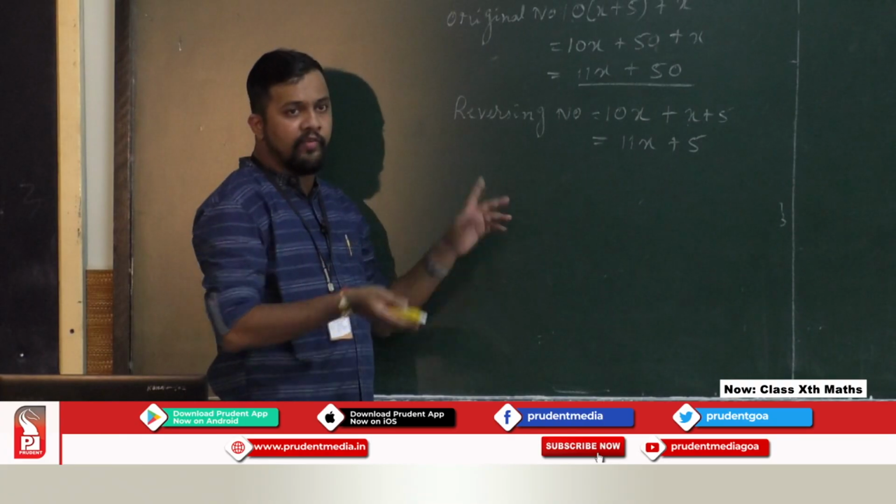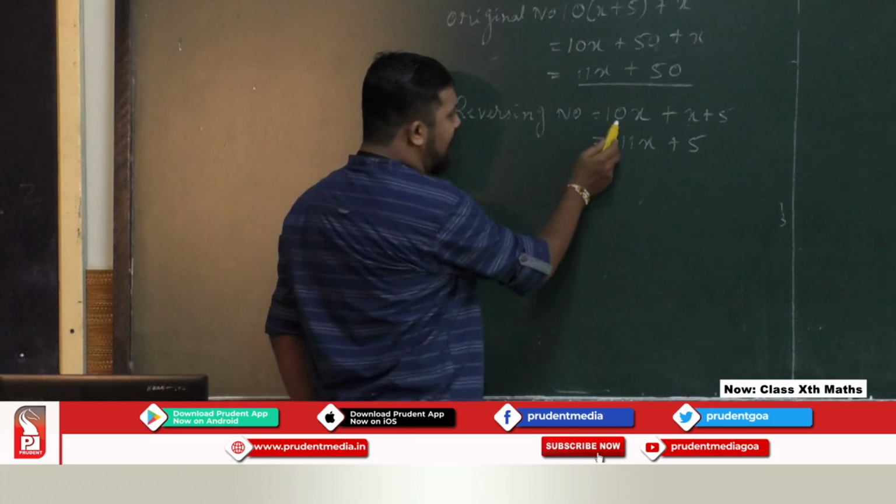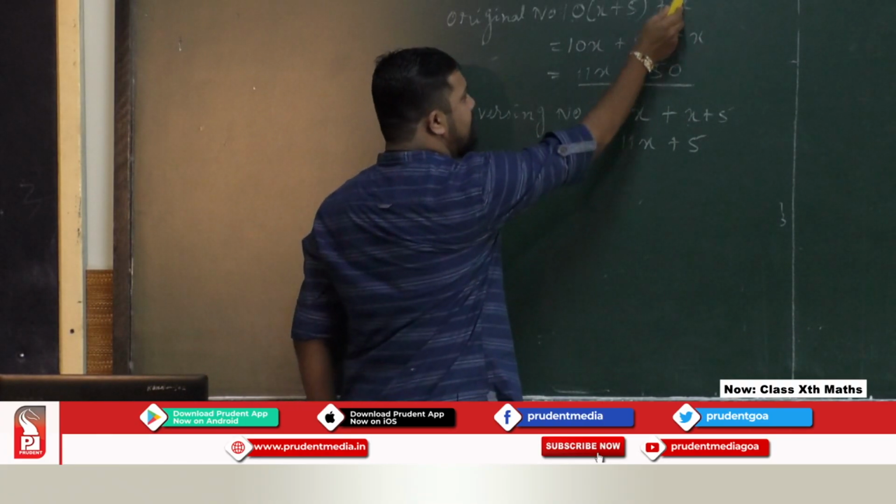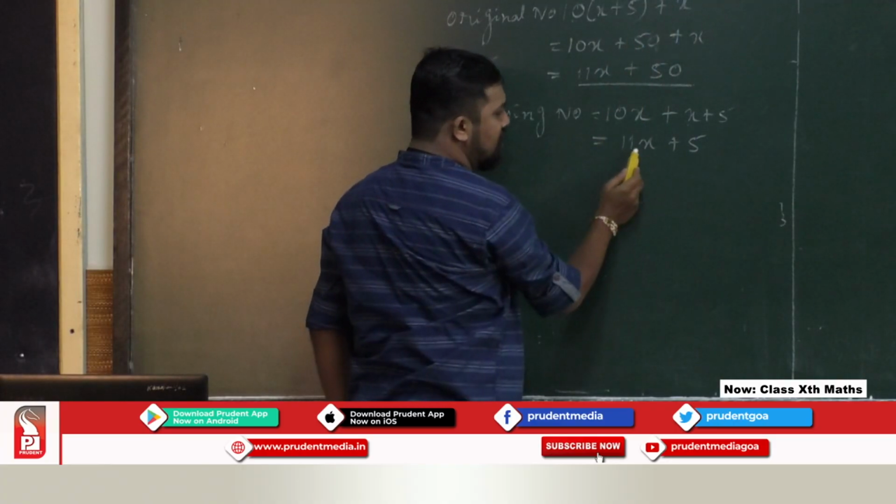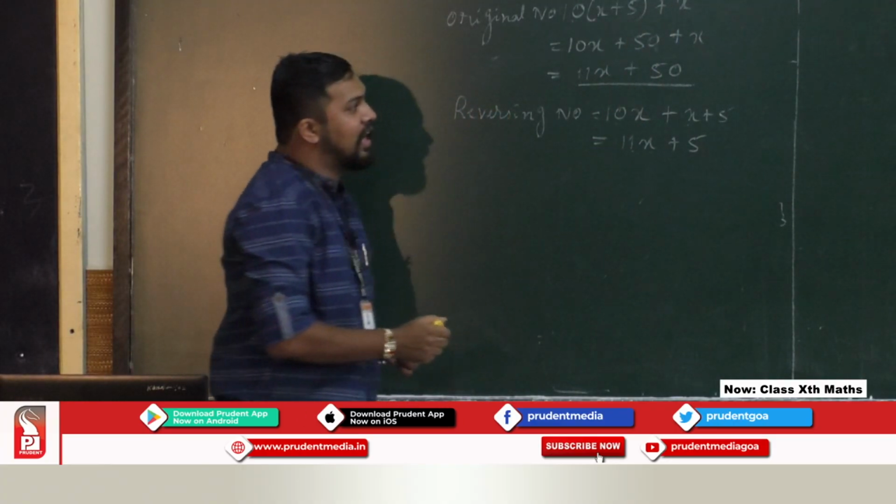Reversing the number means reversing the digits. So I keep the 10 fixed, reverse the digits, and I get 11x plus 5. Now what does it say?